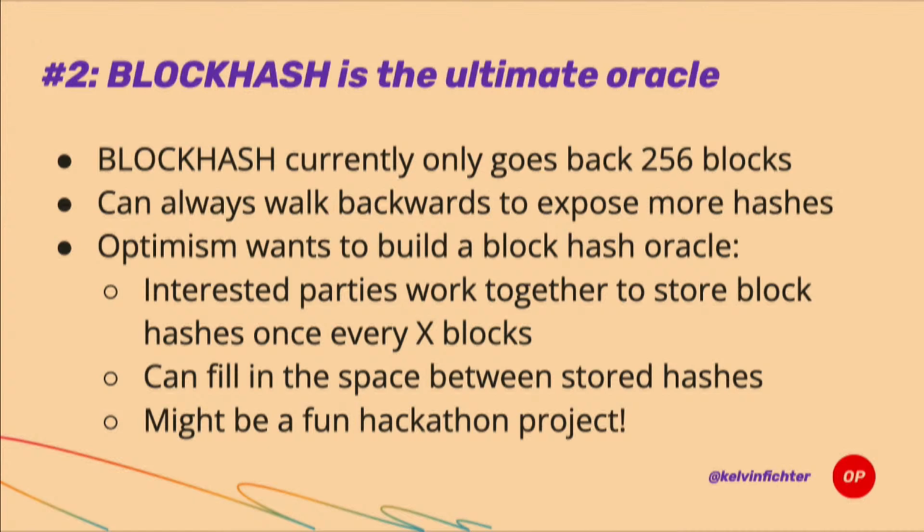If you're interested in working on that as a hackathon project, it would be really cool, a collaborative way for the entire Ethereum community to store every block hash, so that we have access to it, not just for the last 256 blocks, but for every single block. It requires a lot of proofs, but I'm sure as a community we can do it together.